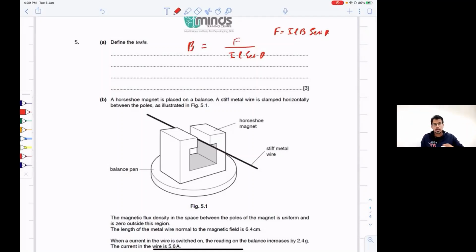So your definition should include a reference to 1 Newton, 1 ampere, 1 meter, and the perpendicular thing. If your definition includes all this, then you will surely get 3 marks. So how many of you actually mentioned all these 4 things? And of course, you need to mention that Tesla is the unit of magnetic field of induction.